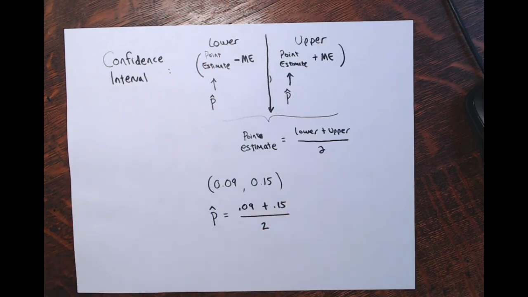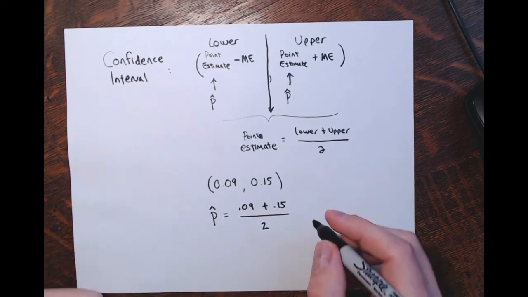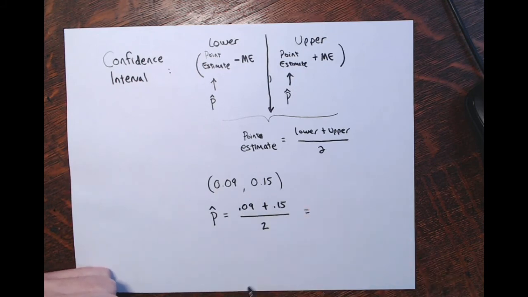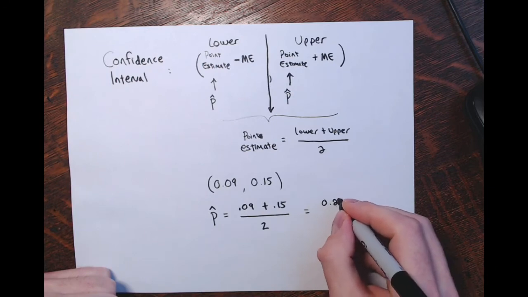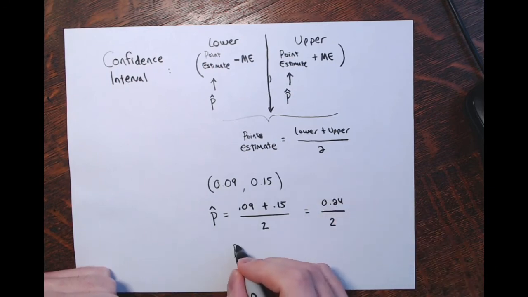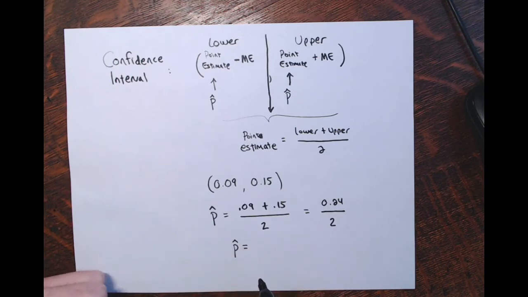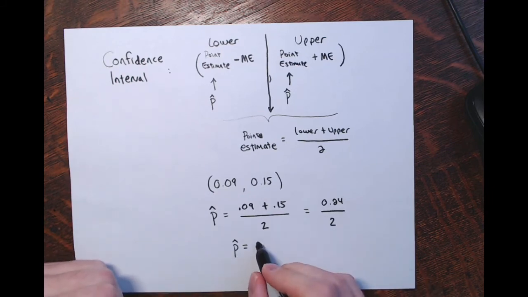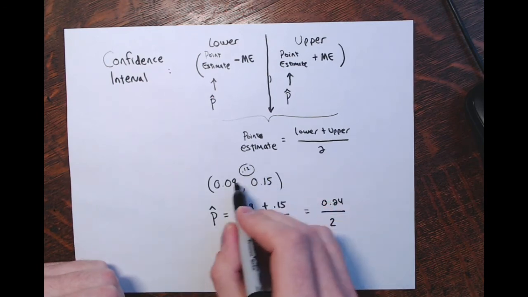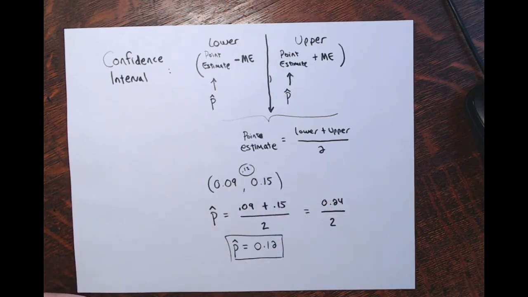That's how you find a number exactly halfway between two numbers. 0.09 plus 0.15 is 0.24, divided by 2, so the proportion of that sample of students that was left-handed would be 12%, or 0.12. That's exactly halfway between 0.09 and 0.15.